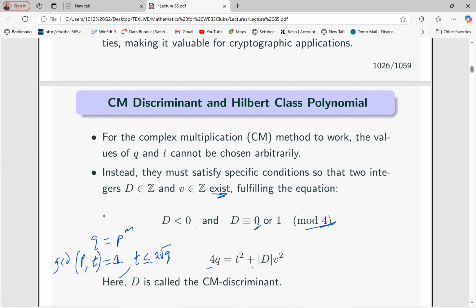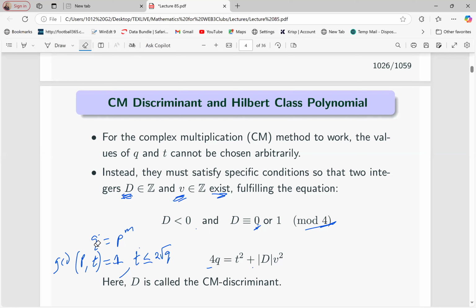And again, this is not the only condition for choosing T. So we are going further and saying that the choice of T and Q must help you to get D and V. So that means if your choice does not help you to get D and V, you make another choice.